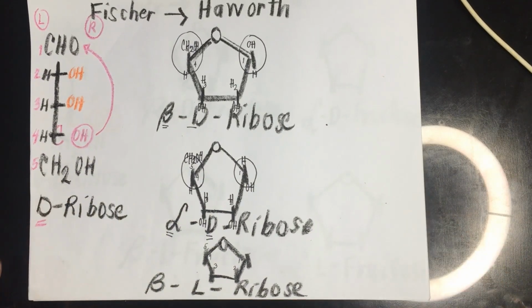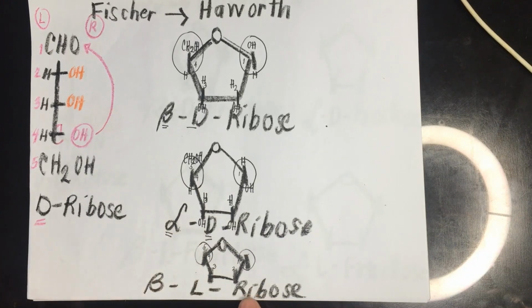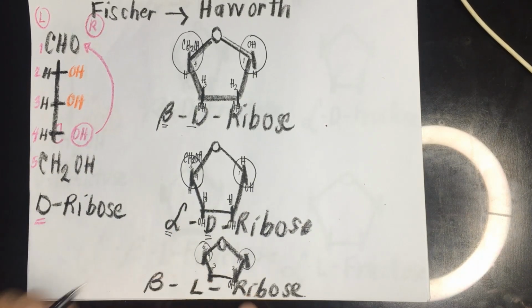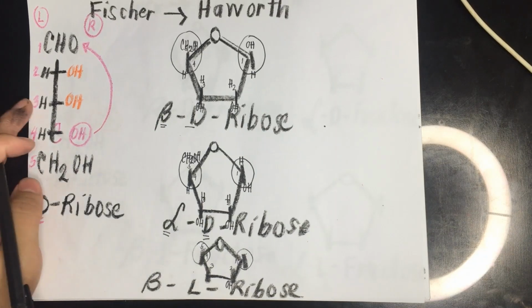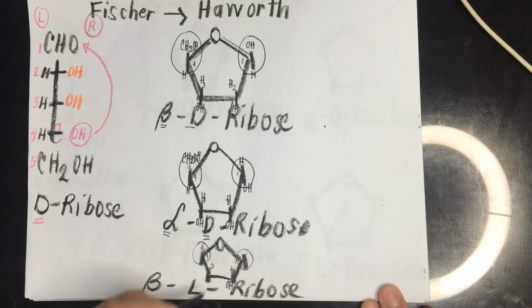What if it is in beta-L-ribose? We are to answer this one later. For carbon number 2, the hydroxyl group is located on the right side. We will put it below. Then carbon number 3, the hydroxyl group is located on the right side also. Then we will put it below. It is in L configuration.